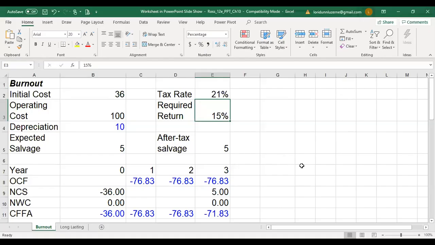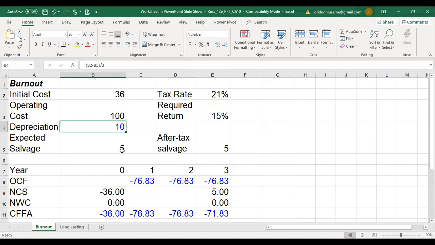So first of all, here's our burnout. They cost $36. They cost $100 to operate a year. They have depreciation expense of $10. Yeah, $10 a year. They subtract B5.